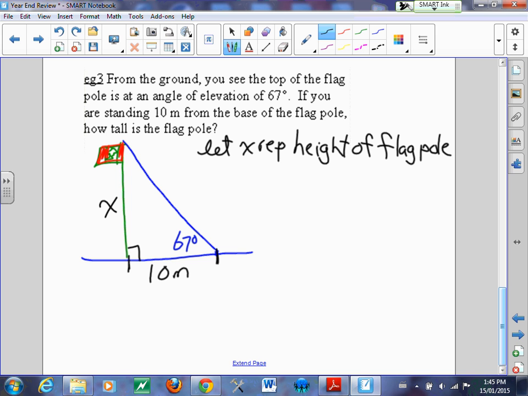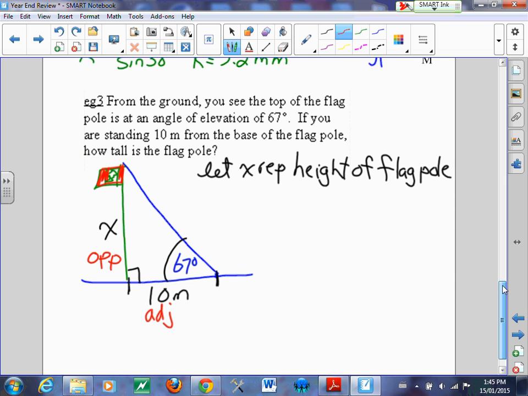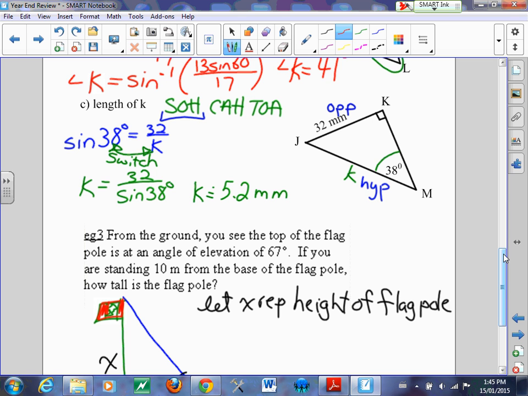Okay. So from the given angle, folks, what two sides do we have? We know this is a right triangle, so we're using SOHCAHTOA. We have the opposite side, and we have the adjacent side. In SOHCAHTOA, which one has an O and an A in it? This time you're going to see it's tan.